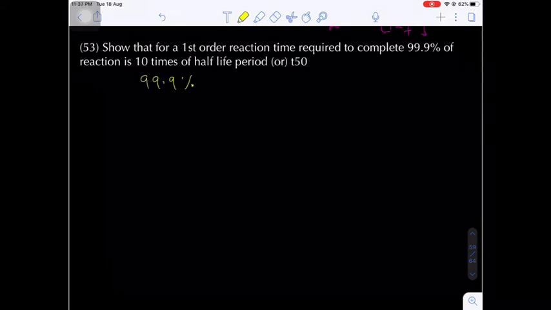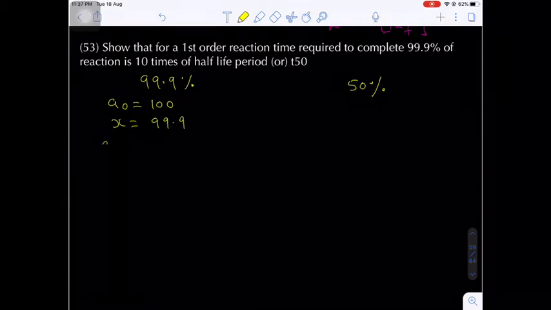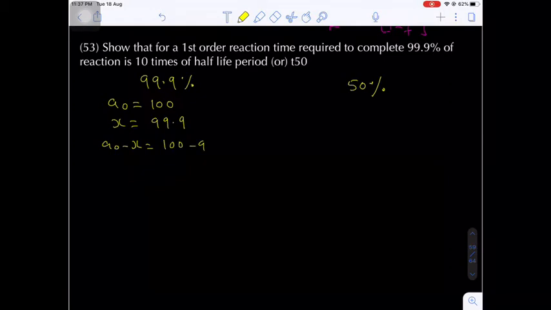Now here I am writing 99.9% completion of reaction, and I am taking 50% completion of reaction. Whenever percentage is given, take the A naught, initial value, as 100, and X is how much completed? 99.9 completed, and the remaining concentration will be 100 minus 99.9, which is equal to 0.1.